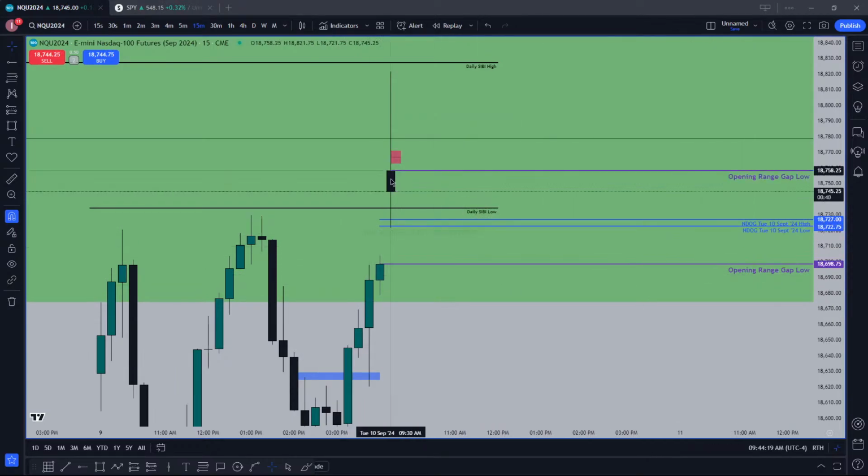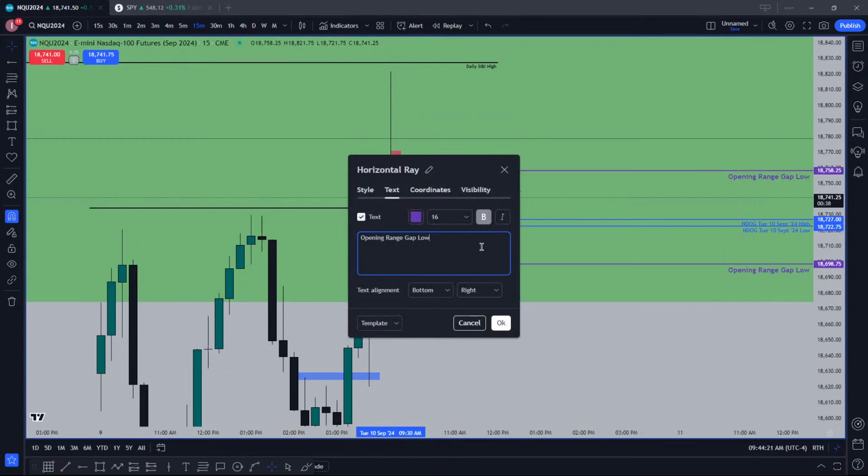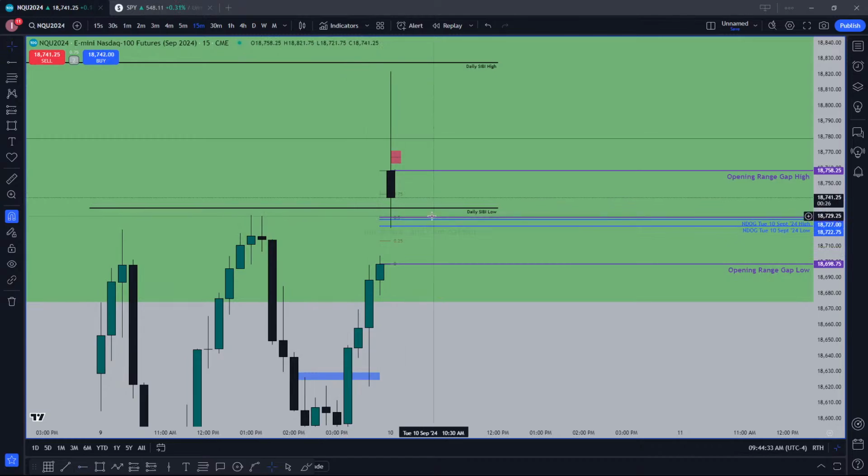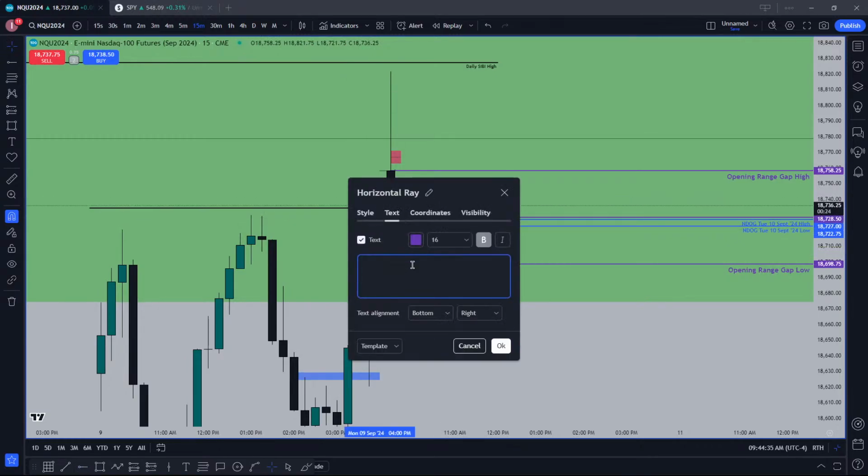Create that. Opening range gap high. Find the consequent encroachment. Range gap CE.